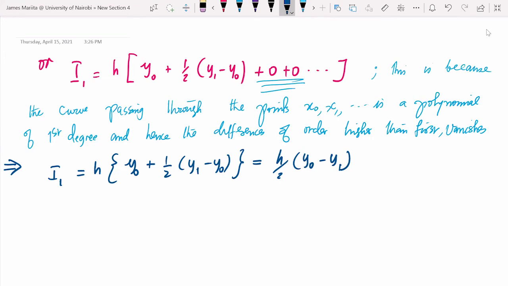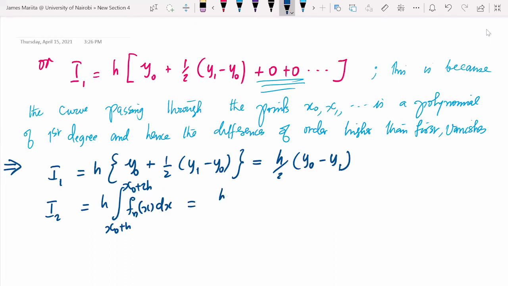And then we can have the second one. This will be equal to, again, the integral from x0 plus h to x0 plus 2h of f(x) dx.